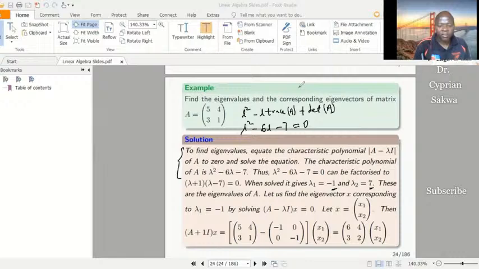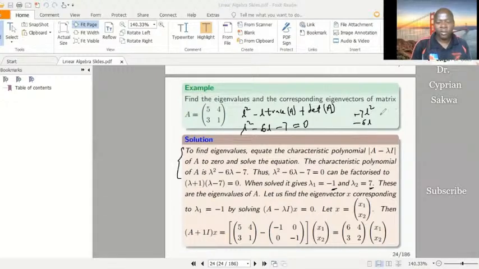Now, after you found the eigenvalues, there could be somebody who doesn't know how to factorize this, so let me just do it. You look for two values whose product is -7 lambda square, and the sum is -6 lambda.